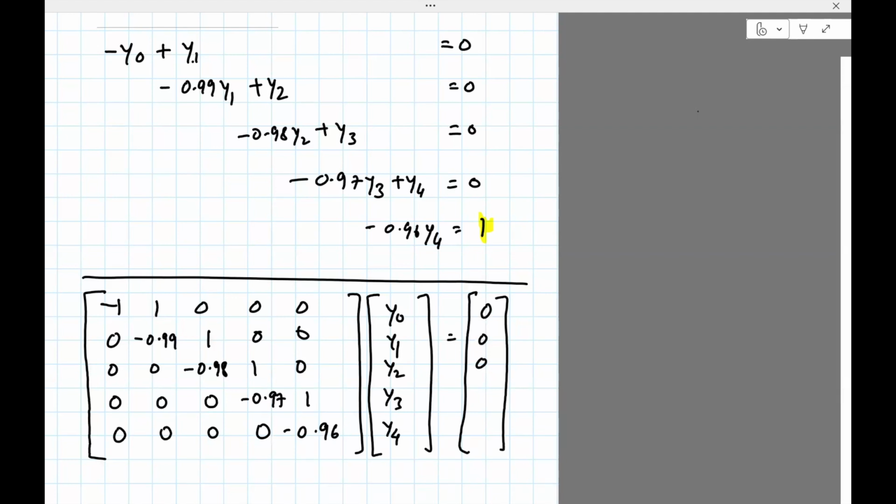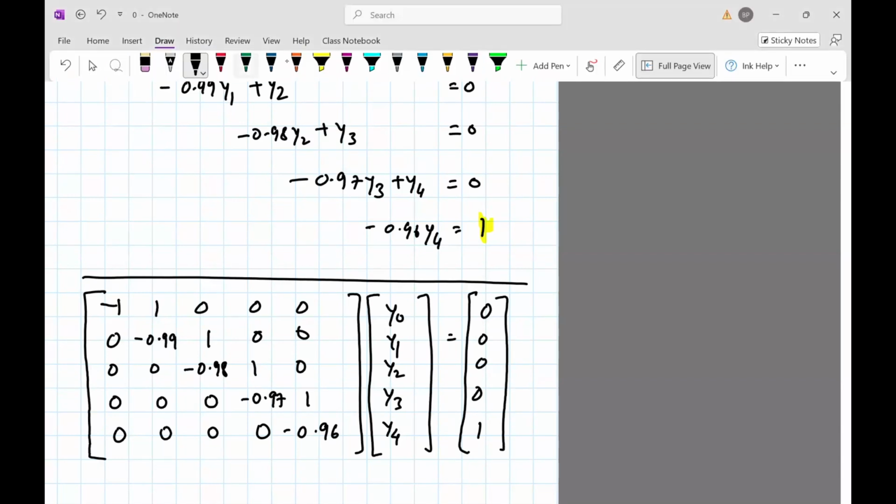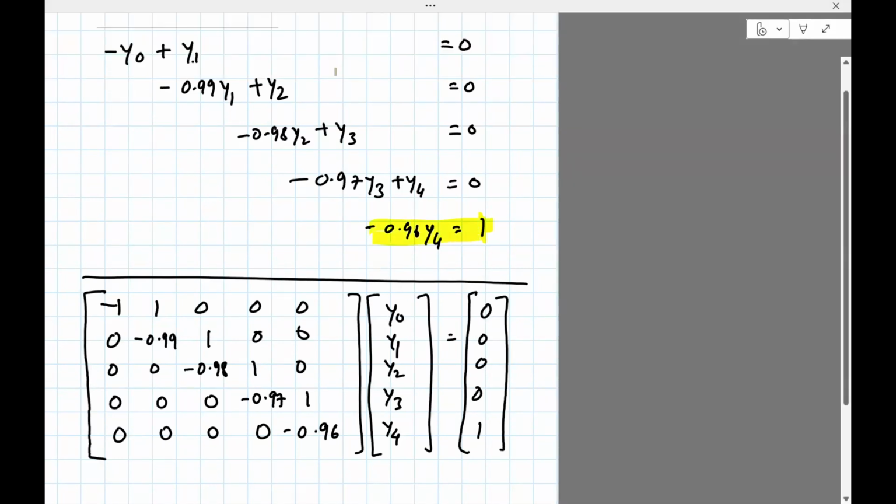Okay, now in this particular case, you don't really have to do this extra step of writing this equation. If you see, the last equation gives you that you can solve for y4 like that. And then once you put that in, you can substitute in the first one to get y3 and then y2 and so on. So really, this is an overkill.